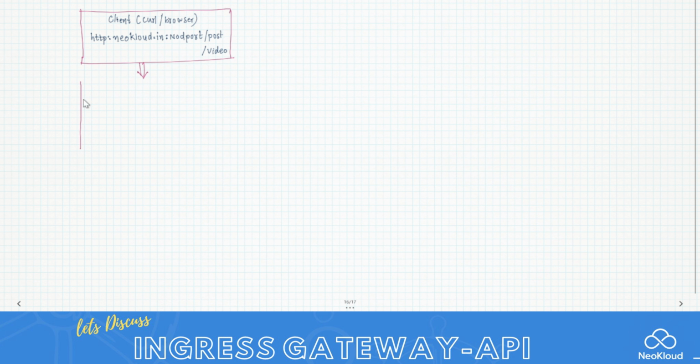Now this passes to the Ingress controller, but in between one load balancer is there because it is required to give the public IP and to expose your services on the internet.